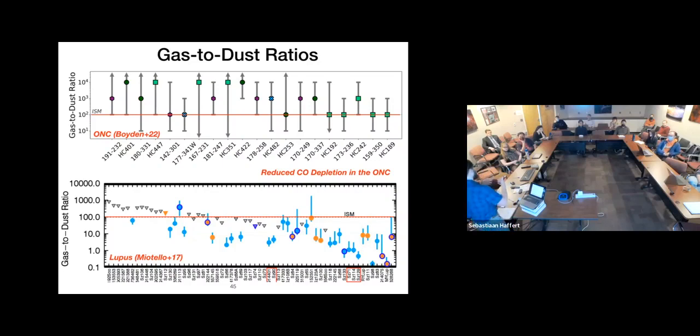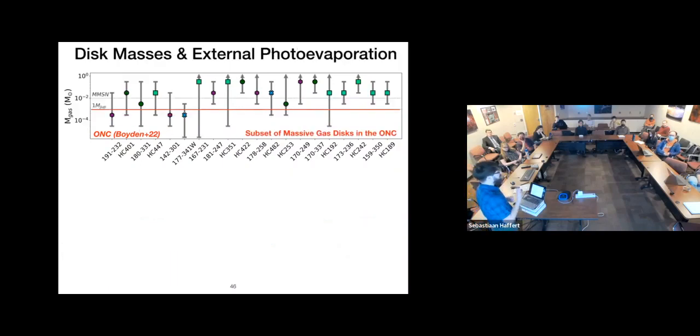This also happens to be the most common sites of star formation in our galaxy. And in terms of the disk masses that I'm deriving from this chemical modeling, I'm showing those in this plot here for, again, each target in my sample. And the uncertainties on these gas mass measurements can be very broad due to the high optical depth of the molecular lines that we're modeling.